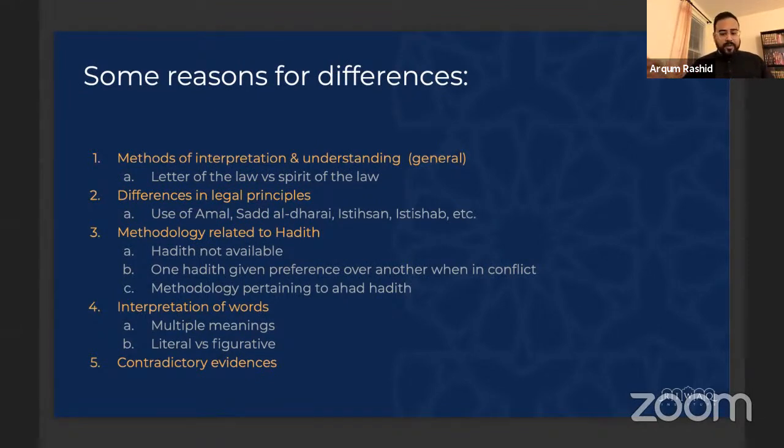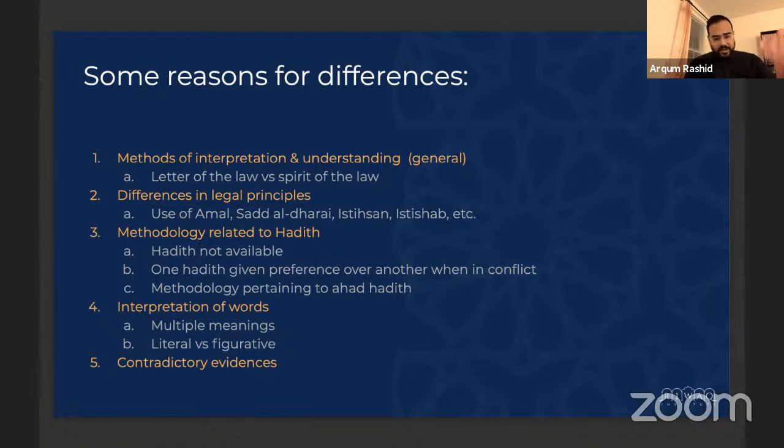There are multiple other things, like one of the things off the top of my head are variations in qira'at. So if you know that there are multiple ways of reciting the Quran, like the Warsh style of reciting versus the Hafs style of reciting, sometimes these differences in qira'at can change slight meanings in the verse that can change the intended meaning of the ayah, possibly, and it can lead to a different outcome.